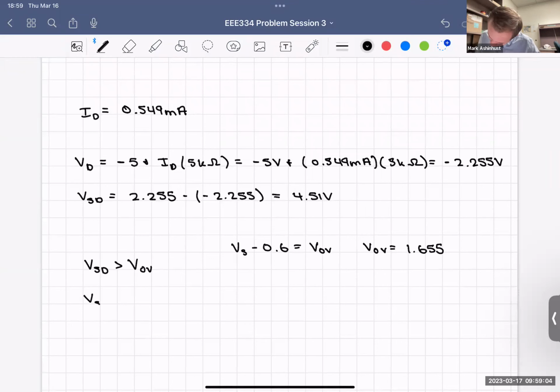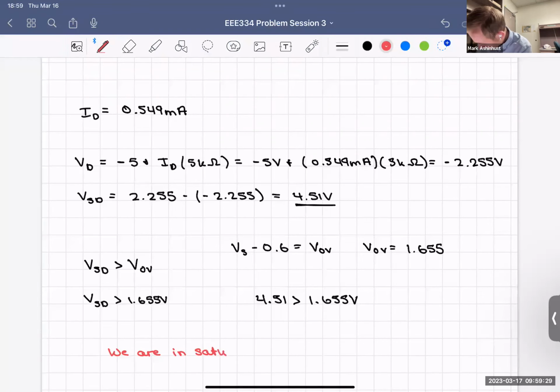So VSD must be greater than 1.655 volts to be in saturation. VSD is 4.51 volts, which is definitely greater than 1.655 volts, which confirms that we are in saturation.